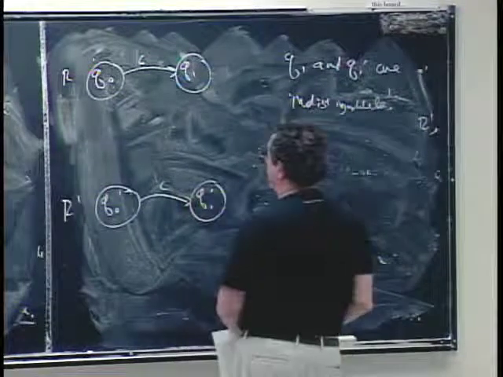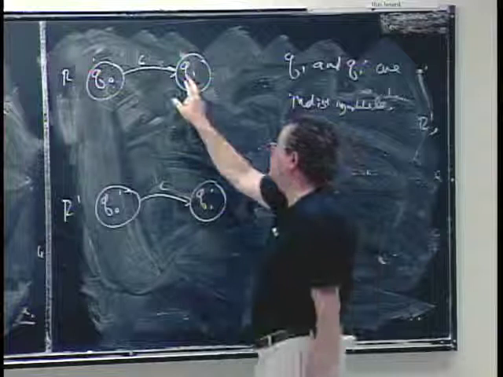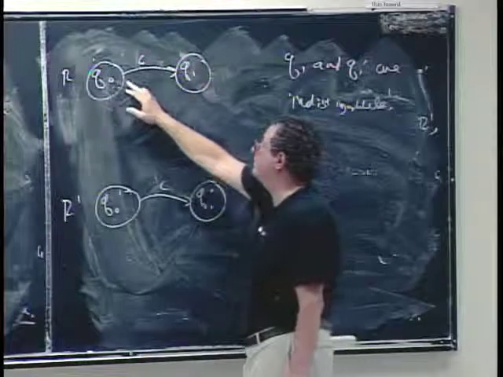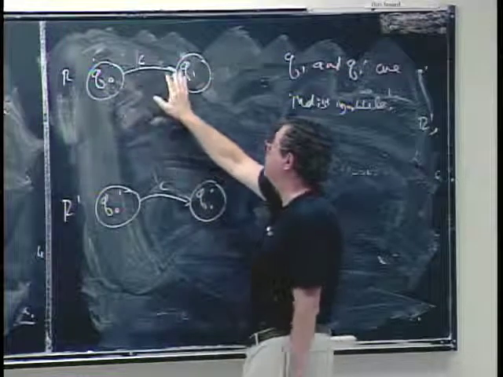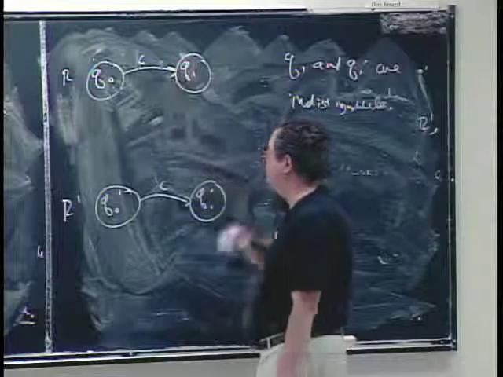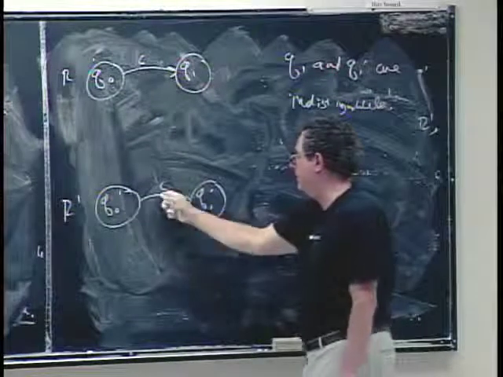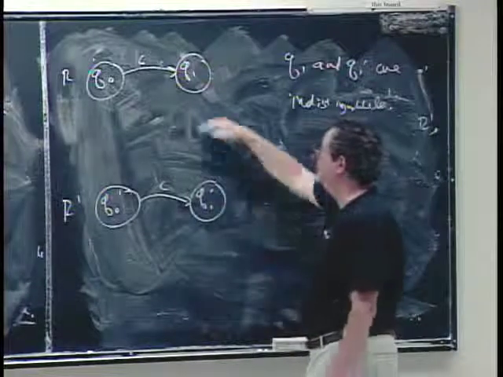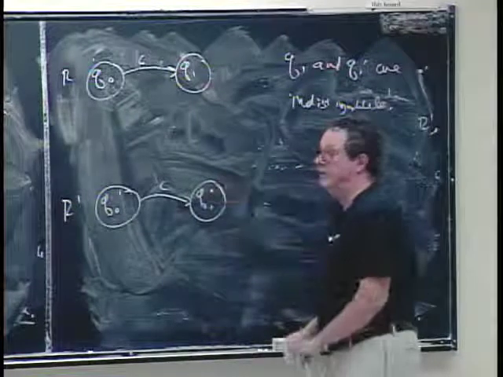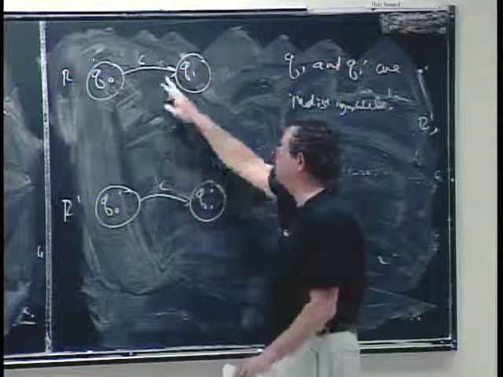So whatever state you get to from Q0 on a character C, Q1, and whatever state you get to from Q0 prime on C, Q1 prime, these are going to be indistinguishable.